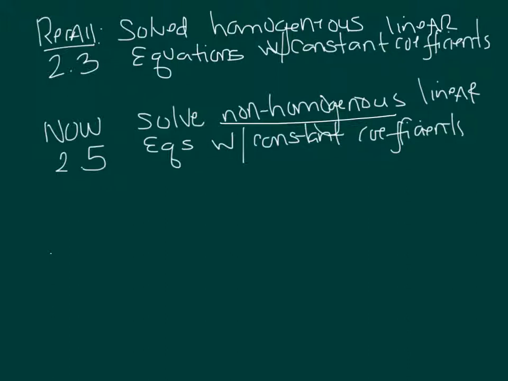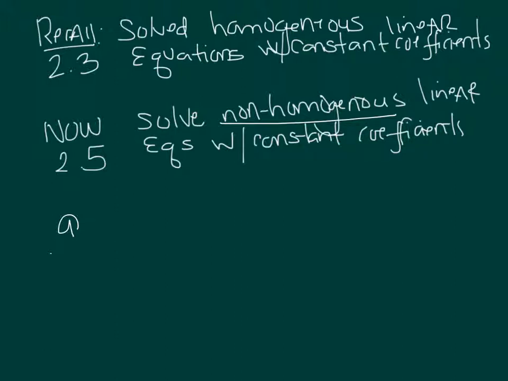So recall what a homogeneous nth order linear equation with constant coefficients looks like. It's of this form, where my a_n are my coefficients, or we've been calling them c1, c2, and so forth.